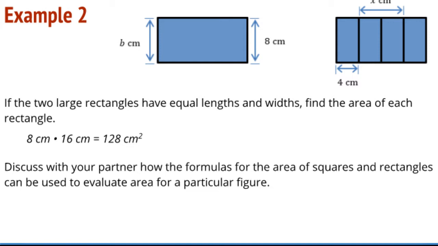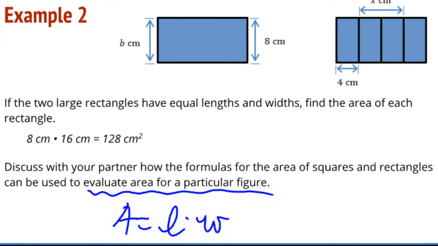So have a brief discussion with your neighbor, or talk with yourself, talk with a parent, how the formulas for the area of squares and rectangles can be used to evaluate area for a particular figure, meaning finding the area. Now hopefully your discussion will center around, we have information that we can substitute into an expression.